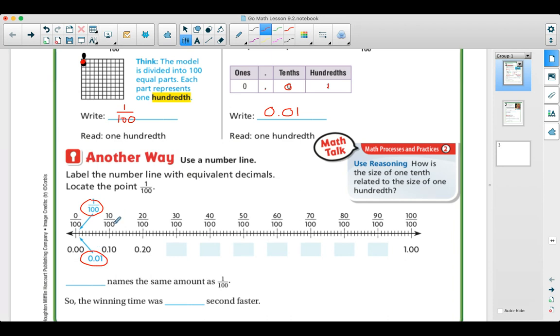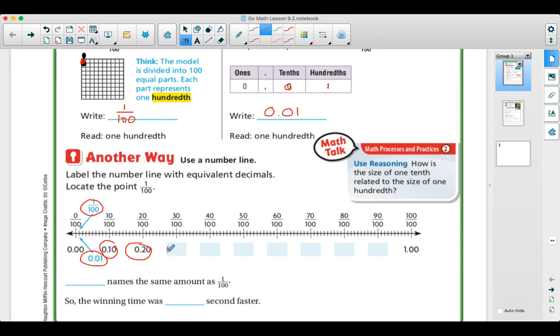This is 10/100ths, and this is how you write 10/100ths. The 0 goes out to the hundredths place. When you're writing hundredths, you have to make sure that you fill the hundredths place. This is 20/100ths, and this is how it's written as a decimal.